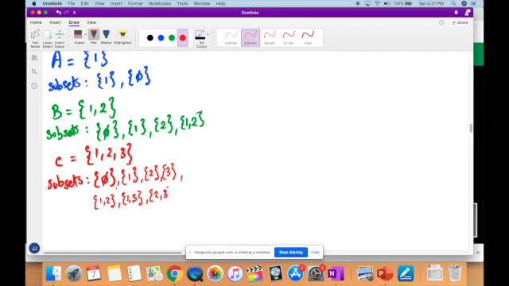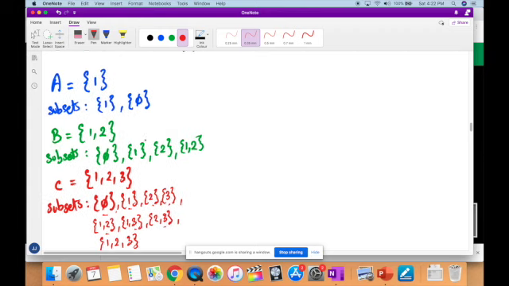With 2 and 3. Any other double digit sets? And then the improper subset 1, 2, and 3. So how many subsets do we have? 1, 2, 3, 4, 5, 6, 7, 8 subsets.